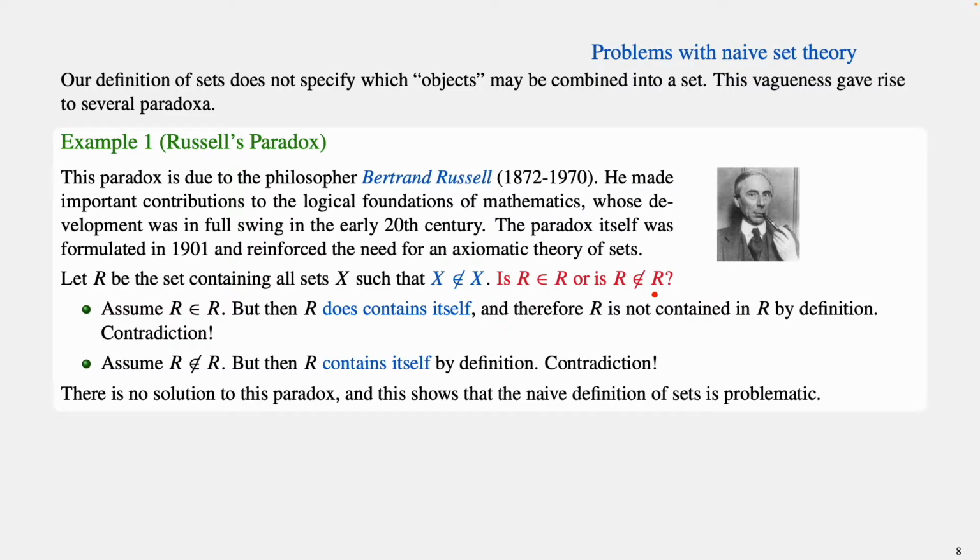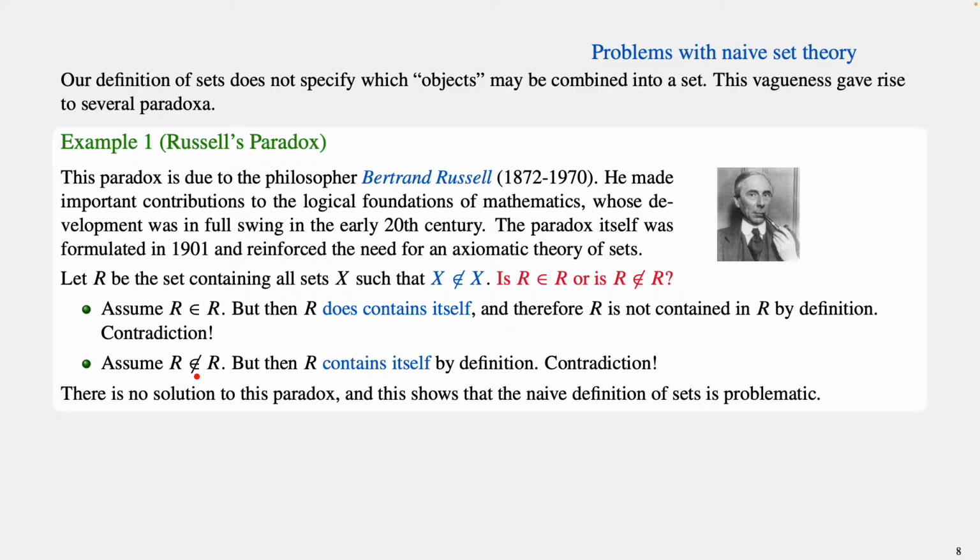Well, let's think about this. Assume that R is contained in itself, but then it does contain itself, but by definition of the elements of R, it should not contain itself. That is a contradiction.